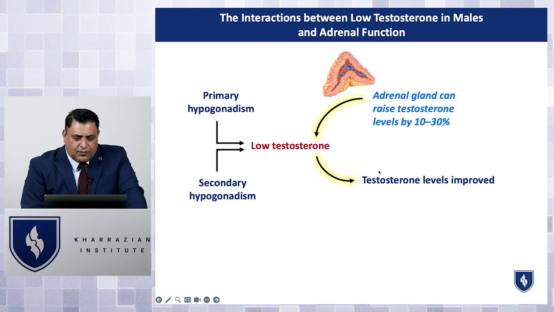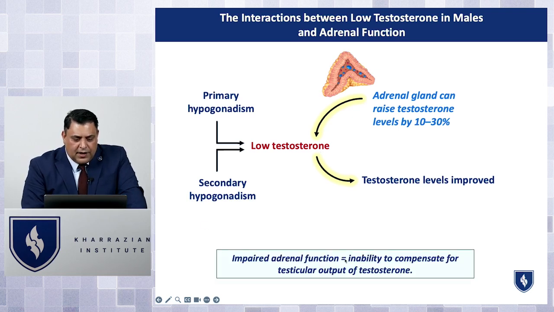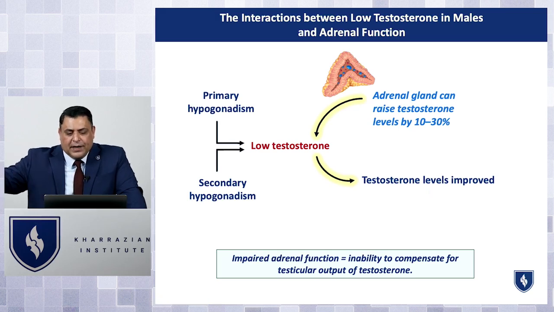You can have testosterone levels improved for these impairments. But if the adrenal glands are impaired, there's an inability to compensate for these testicular outputs of testosterone. That's what this diagram is showing. So if there's some integrity here, then the system becomes balanced out. Adrenal gland resiliency is a key factor in the web of balancing out hormones.